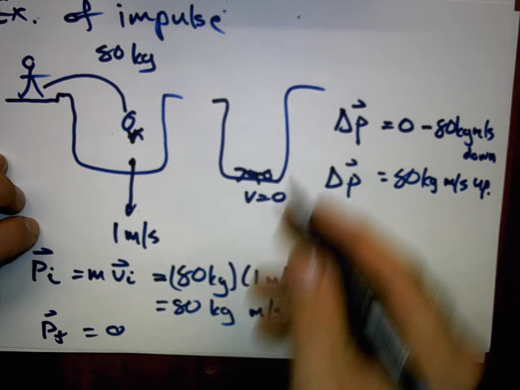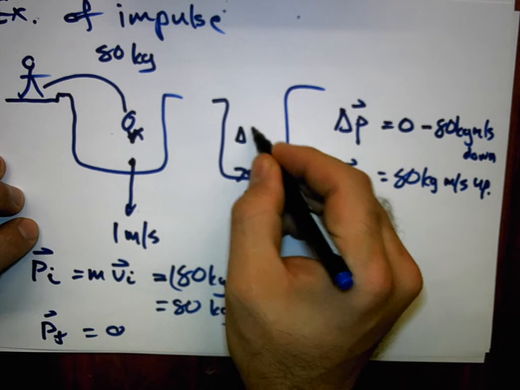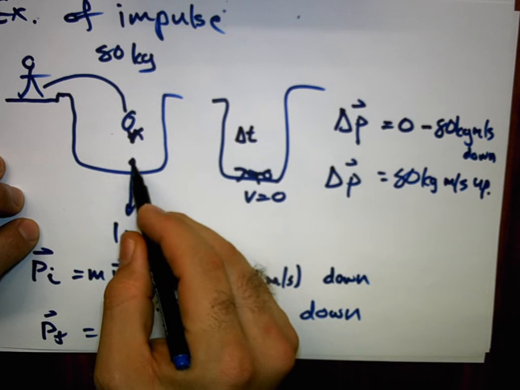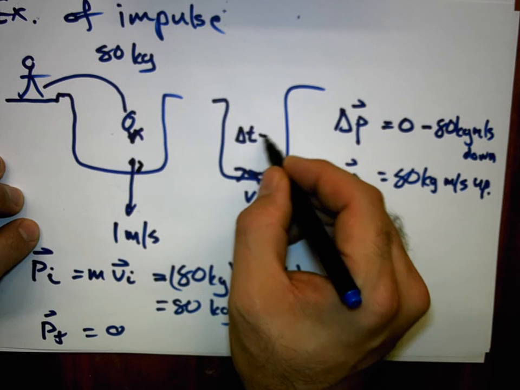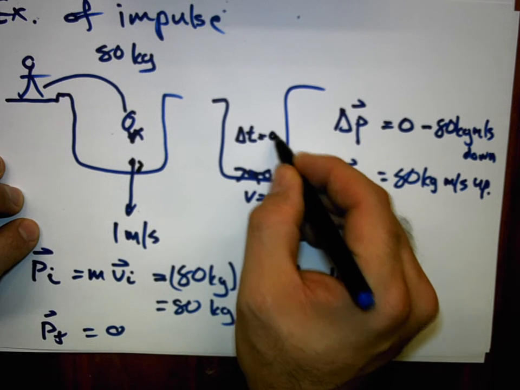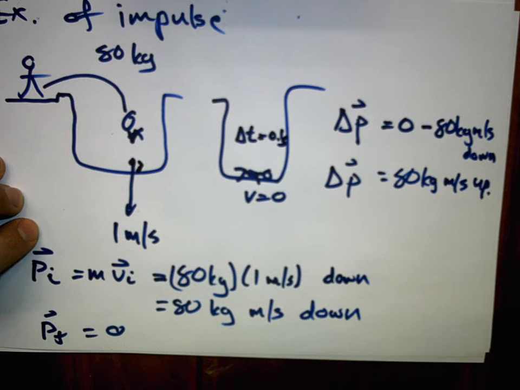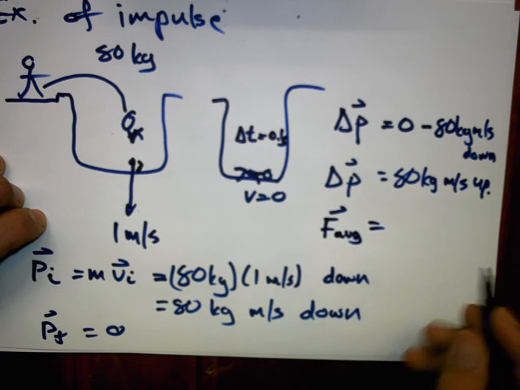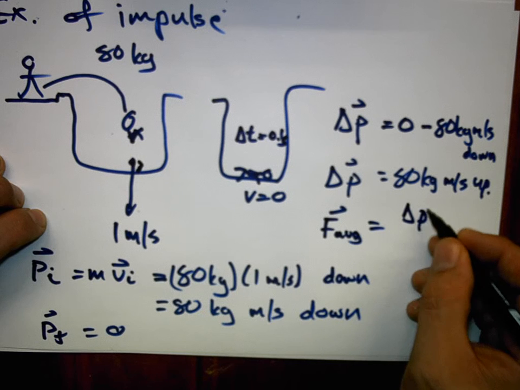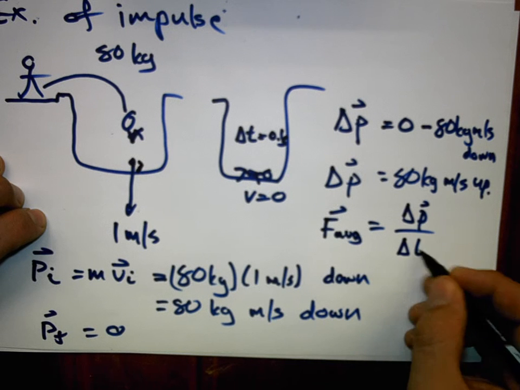And let's say the time it took for the collision, the time it took you to move from there to there, coming to a halt, is 0.1 seconds. So it takes a very short time for you to come to a complete stop. The average force that you will feel is your change in momentum divided by the time taken.